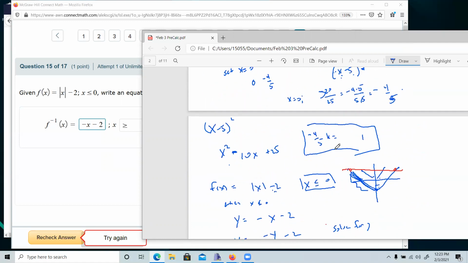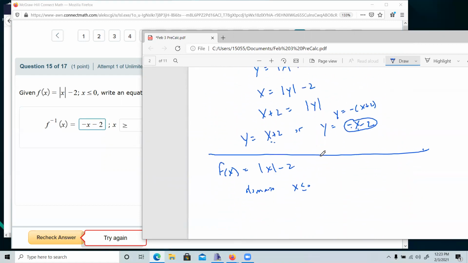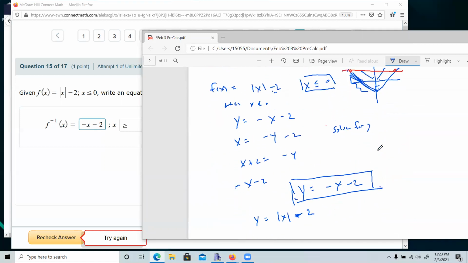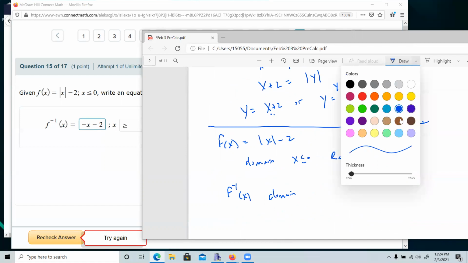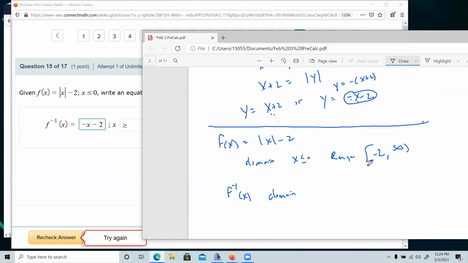What's my range for the original function here? The range for the original function is it has to be bigger than -2. So my range is -2 to infinity, -2 all the way up to infinity. So when I've got my inverse, the domain was that.